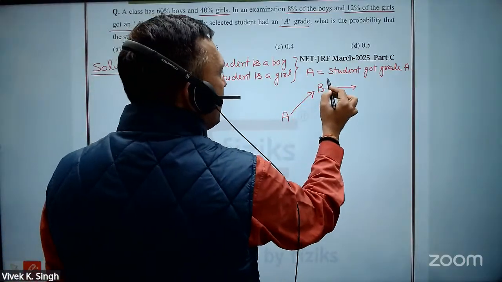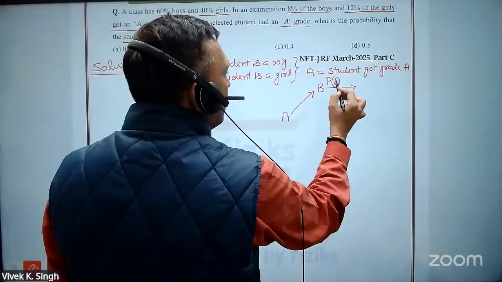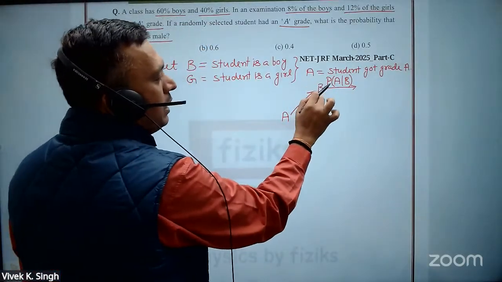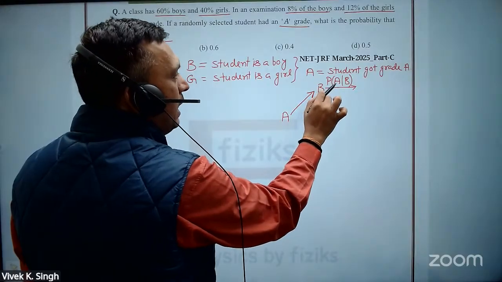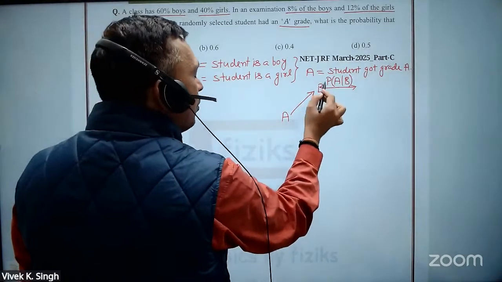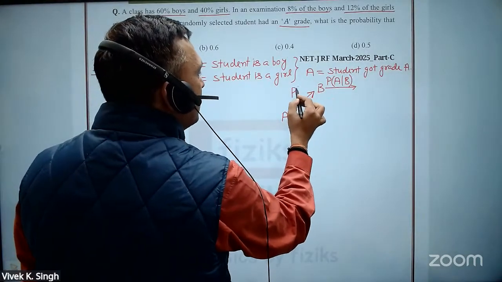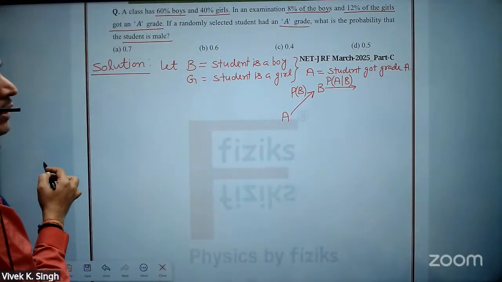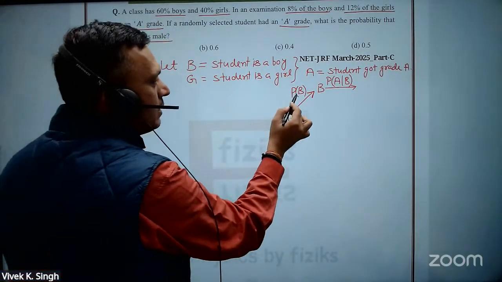I am representing this by P(A|B), the probability of getting grade A if boys are selected, and the probability of how many boys there are out of 100, 60, is P(B).